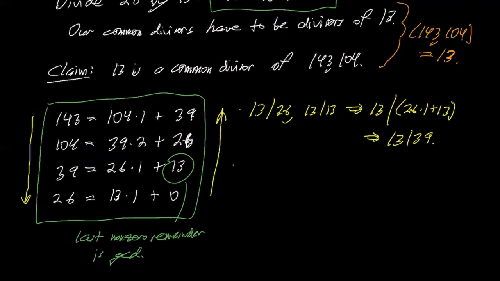So that was using this row of the algorithm. But now you know 13 divides 26 and 13 divides 39. So 13 is going to divide 104. This is going backwards. 13 divides 26, 13 divides 39, implies 13 divides 39 times 2 plus 26. So 13 divides 104.